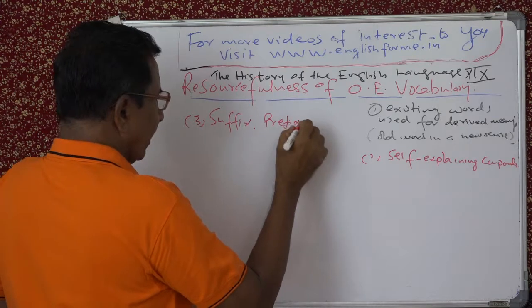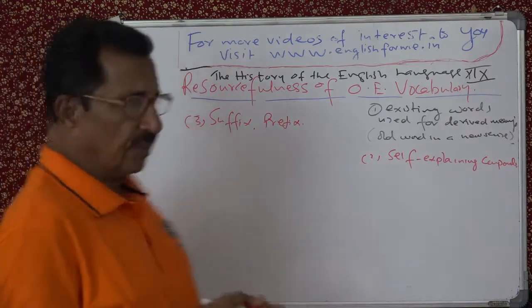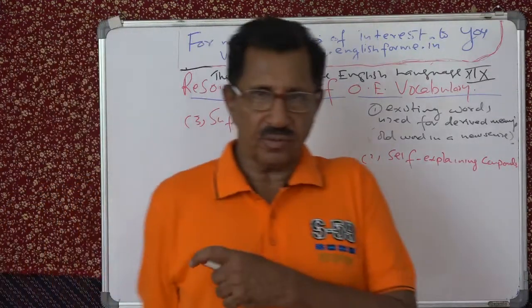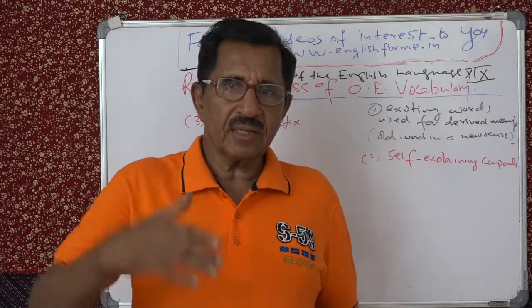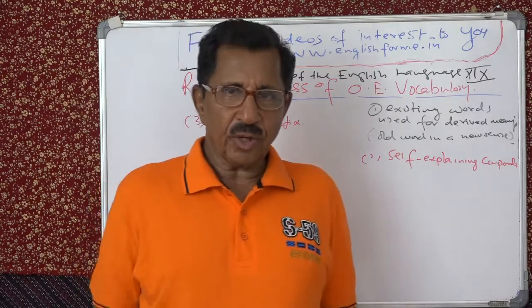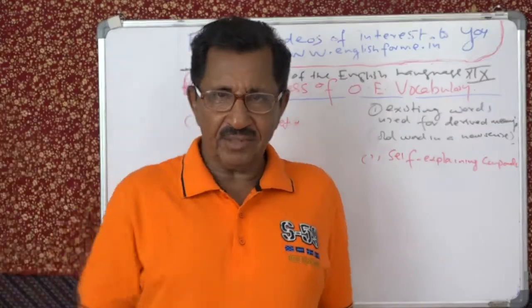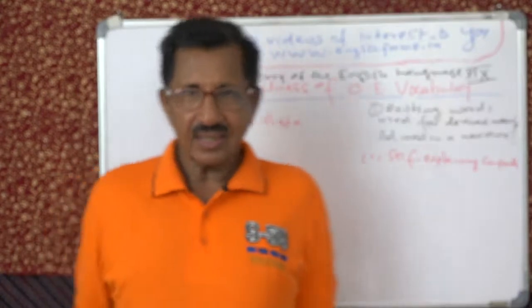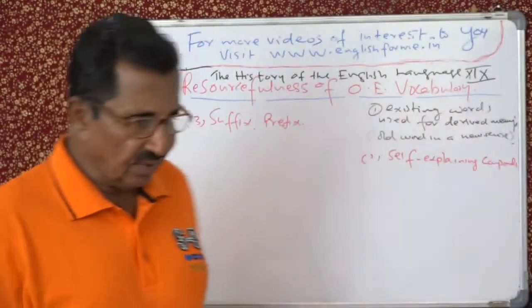You know this prefix, suffix is a syllable added at the end of the root, and prefix is added at the beginning. For example, pre plus degree, pre-degree, isn't it? Then quick plus li, quickly. Li is suffix and pre is prefix. So they have got that.